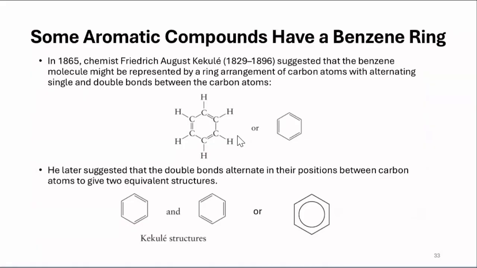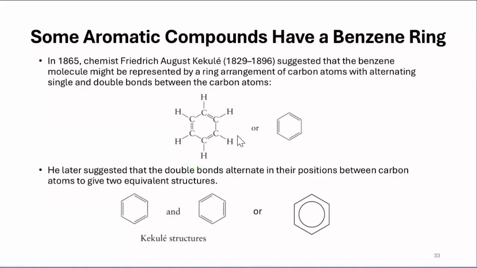In 1865, Kekulé suggested that the benzene ring molecule must be represented as a ring arrangement of carbon atoms with alternating double bonds and single bonds, meaning we could write benzene rings in this manner or in this manner.